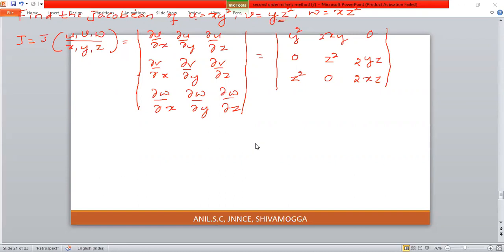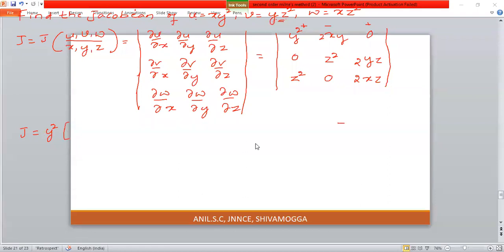Now let's expand this determinant. Therefore, the Jacobian J is equal to, I prefer to expand along the first row using alternate positive, negative, and positive signs. Plus y square into: leave the column and row which contain this y square.